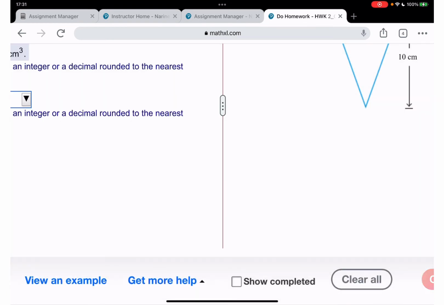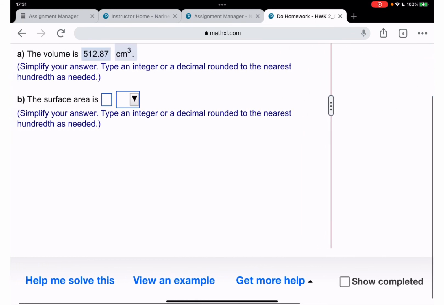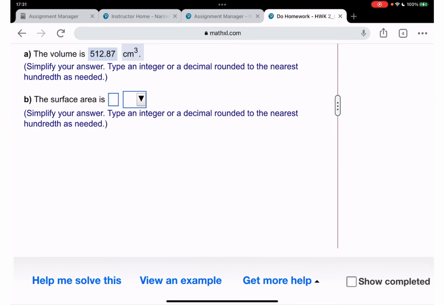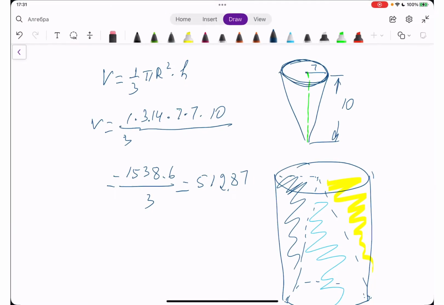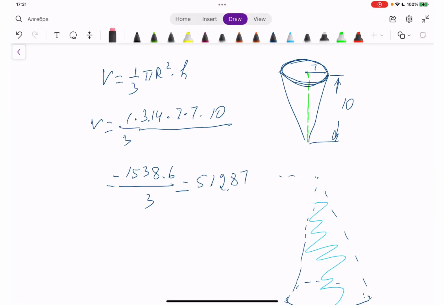Well done. And next, we are going to do surface. Okay? How are we gonna figure out the surface? Let me show you. I can clean this.